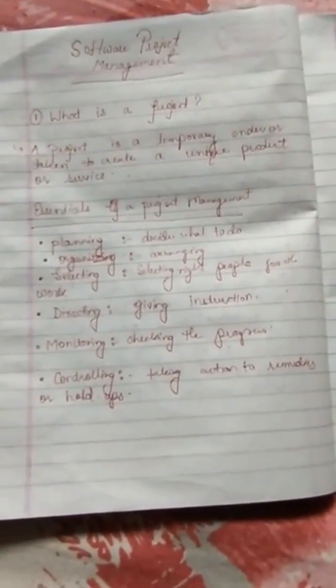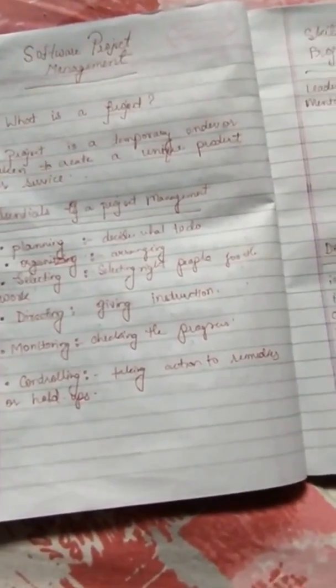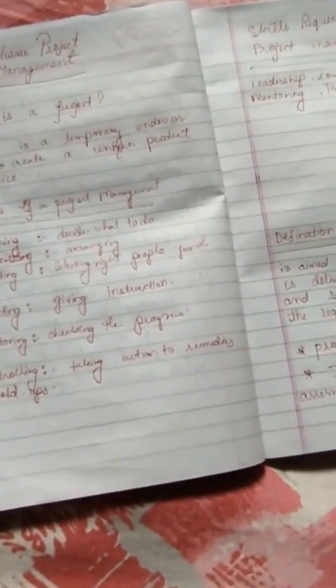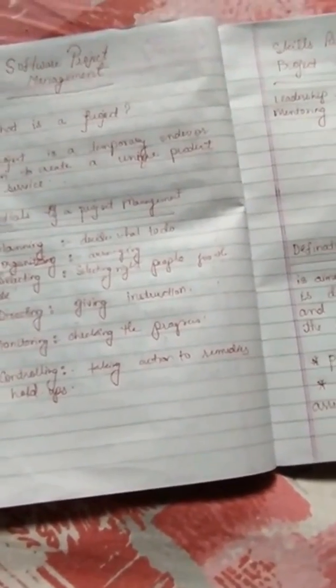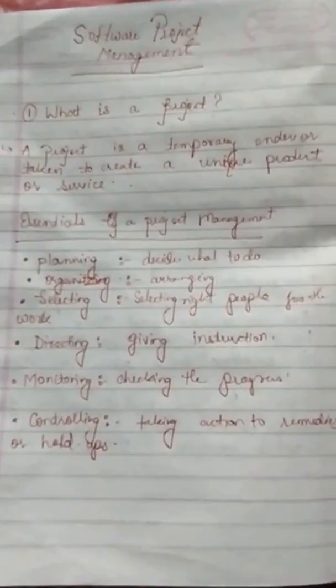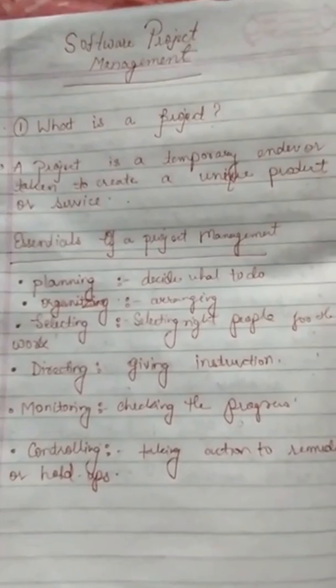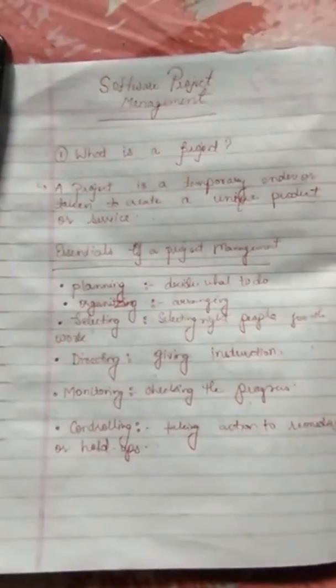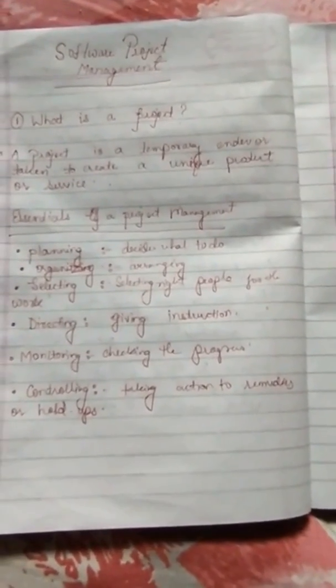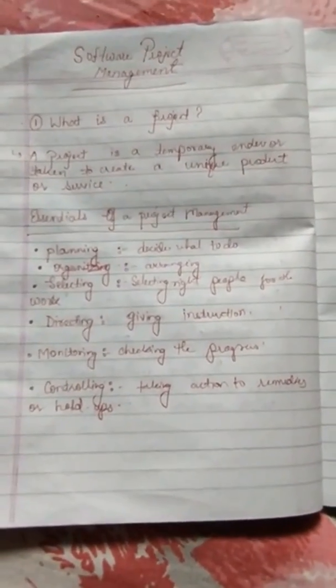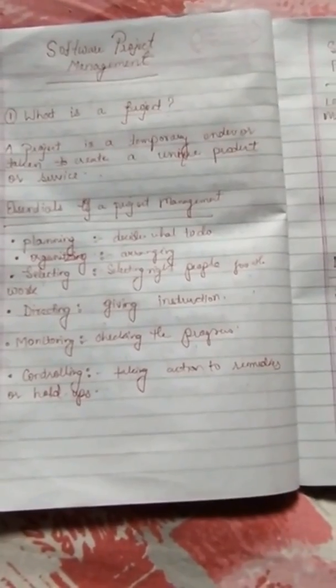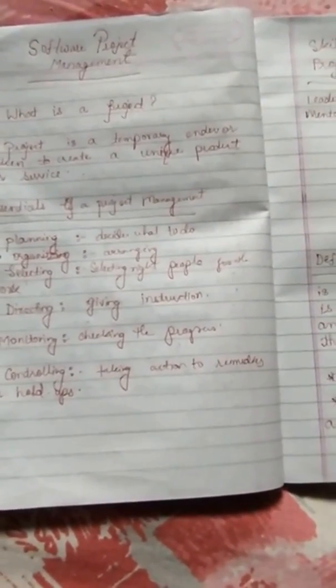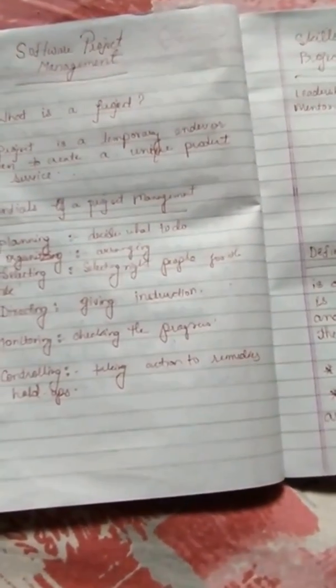Obviously, if we are undertaking a project, a single person is unable to complete it within a specified time limit, so we need manpower as well. The next essential is directing. It means one person is always available to monitor everything and to direct their subordinates on what next step to take to reach our goal.